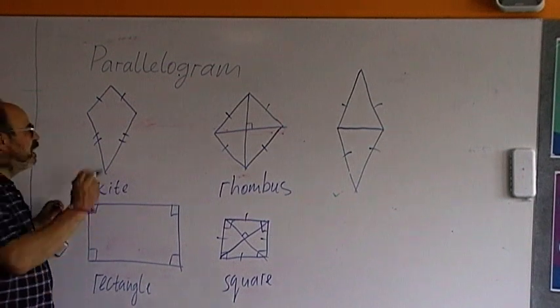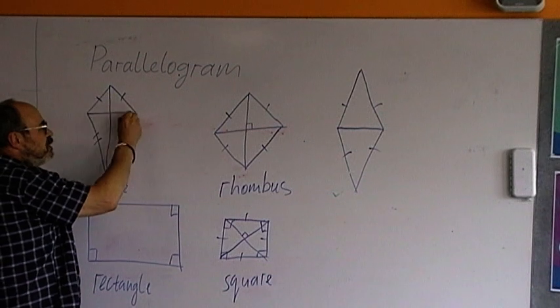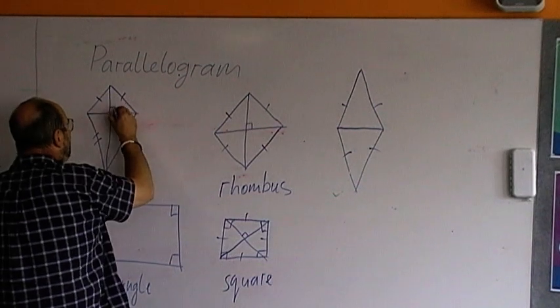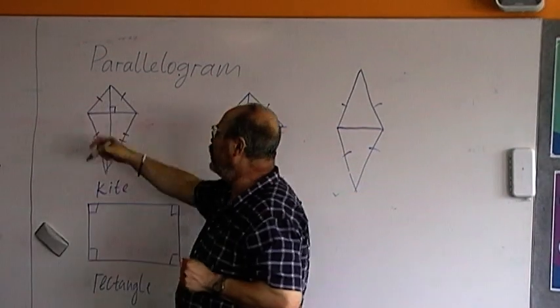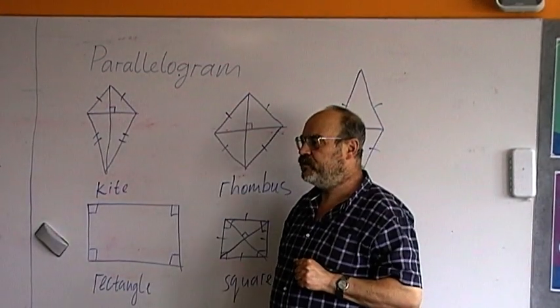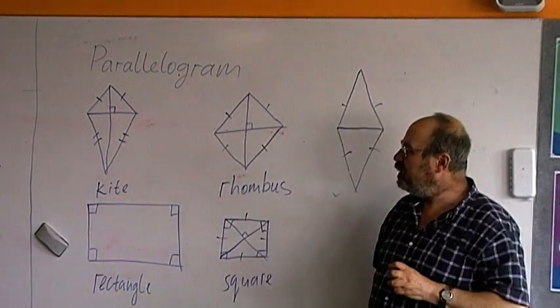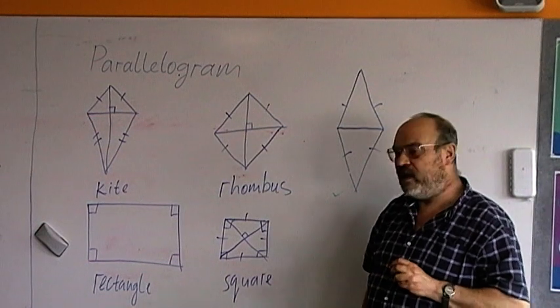And as the kite is a relative of the rhombus, the diagonals of the kite don't bisect each other, but they intersect at 90 degrees. That is a kite.